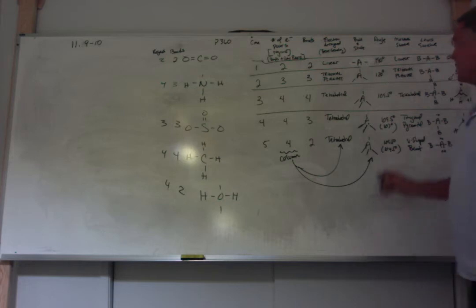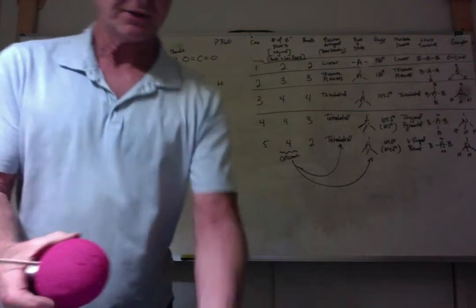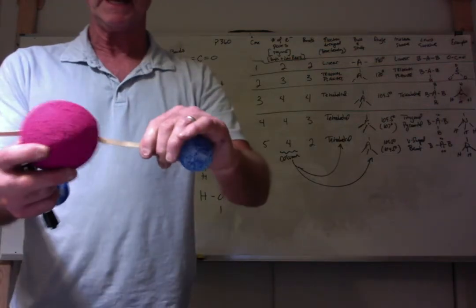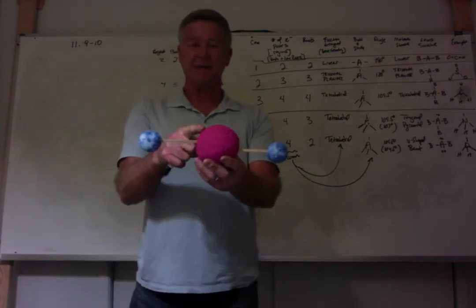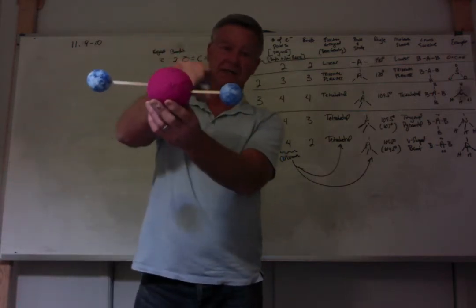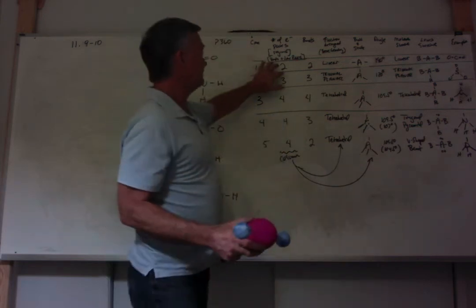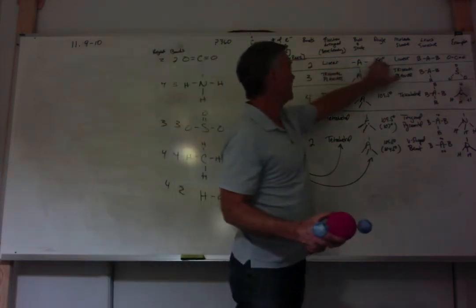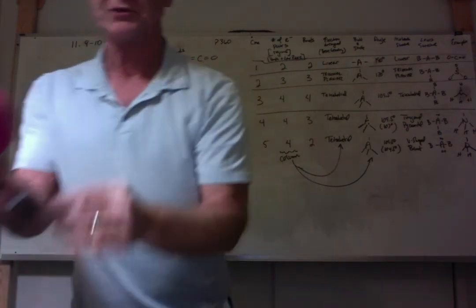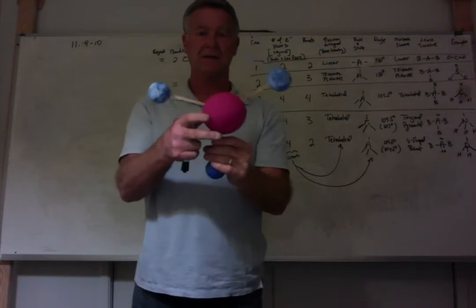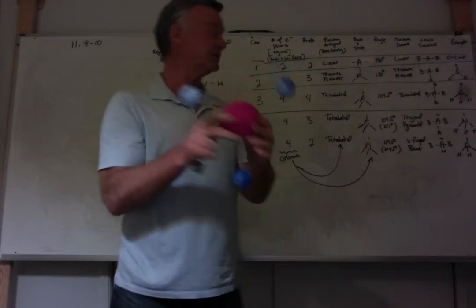And now the bond angles we talked about before. Bond angle is the distance between the bonds. It's not the distance between it and the molecule. It's from this bond to this bond, 180 degrees. If we have 2 of these, they will be at 180 degrees. The 3 of them will be at 120 degrees, like that. 120, 120, 120.